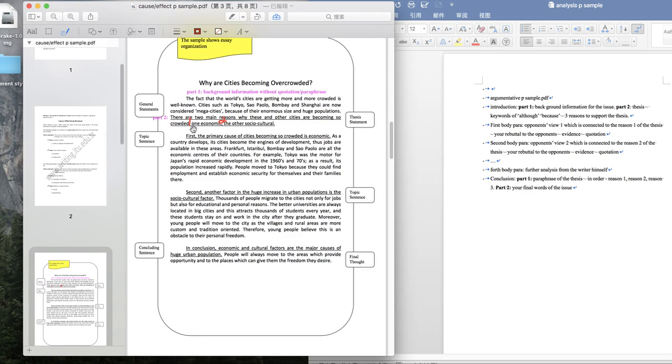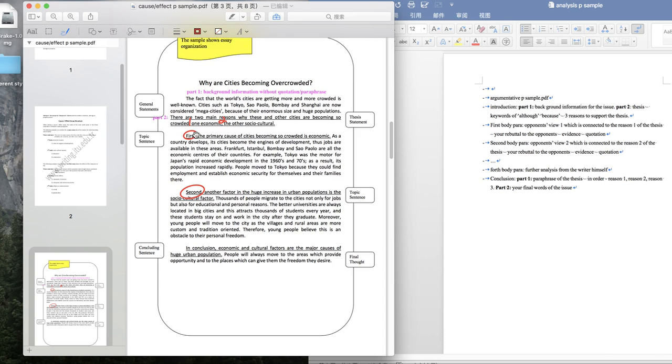As you read here, this is the first topic sentence for the second body paragraph. This is the topic sentence for the second body paragraph, right? It has first, second, transition words. These transition words make your essay seem more logical, right?